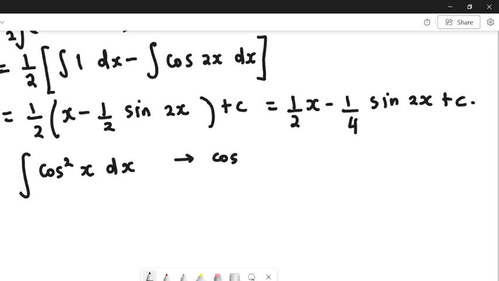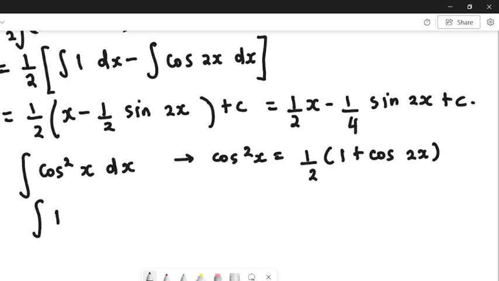But we know that cos squared x is a half into 1 plus cos 2x, the half angles. So we are making that substitution. We are factoring a half outside. We have 1 plus cos 2x dx.